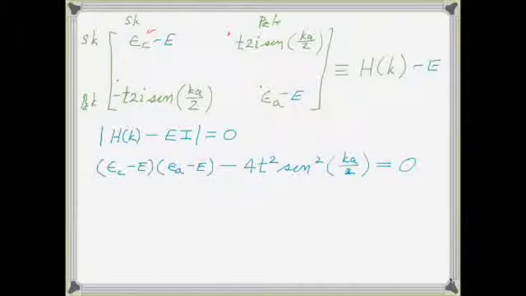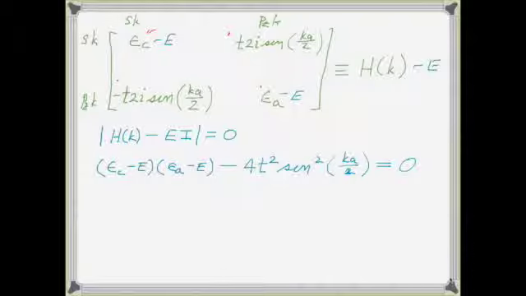So everywhere you saw a t squared, replace it with 4t squared sine squared Ka over 2, and that's the answer.